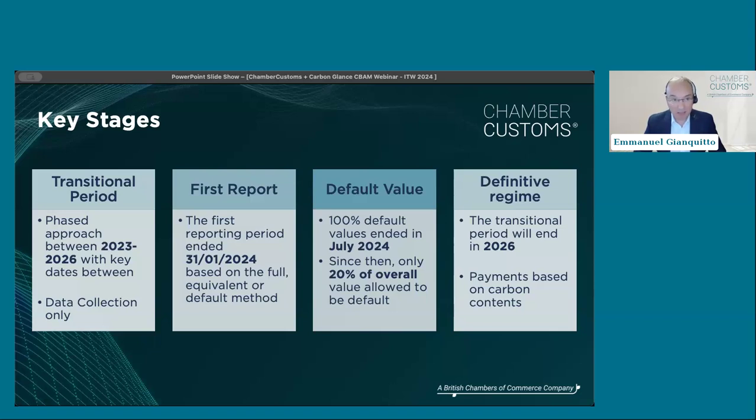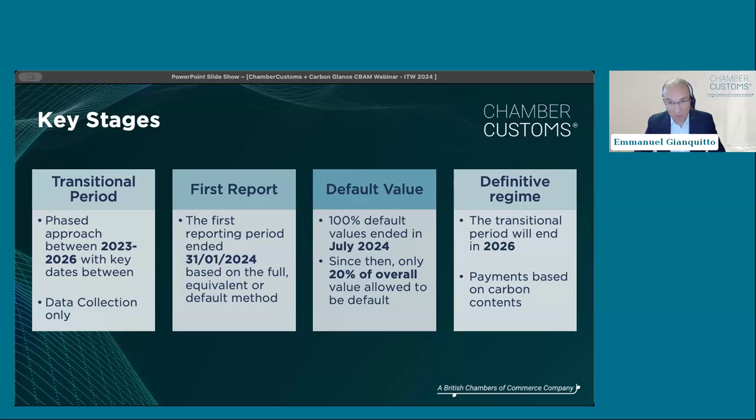Taxes are not being paid yet. And the reason is quite simple. The EU is collecting data to check that it works, to check that this scheme works as intended.